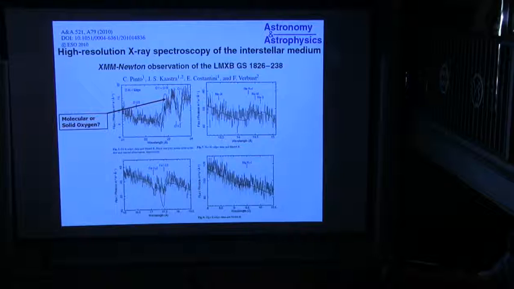A paper back in 2010 by Pinto et al. had tried to fit the oxygen absorption spectrum with their available atomic data, and they were missing quite a lot in this little region, which led them to suggest that perhaps there should be some molecular solid-state dust oxygen in the ISM, and that could explain why the fit was so poor near the K edge.